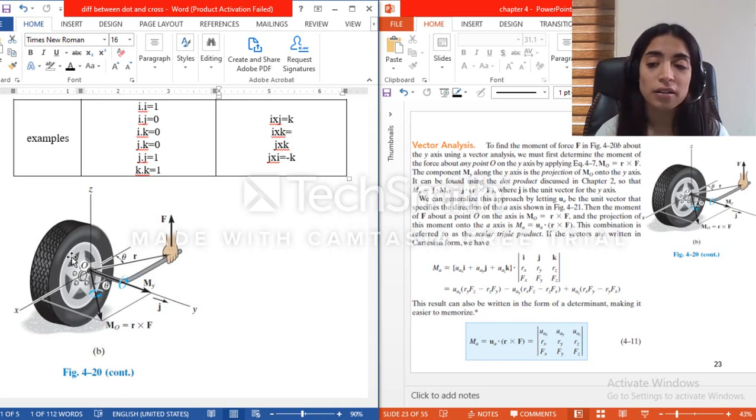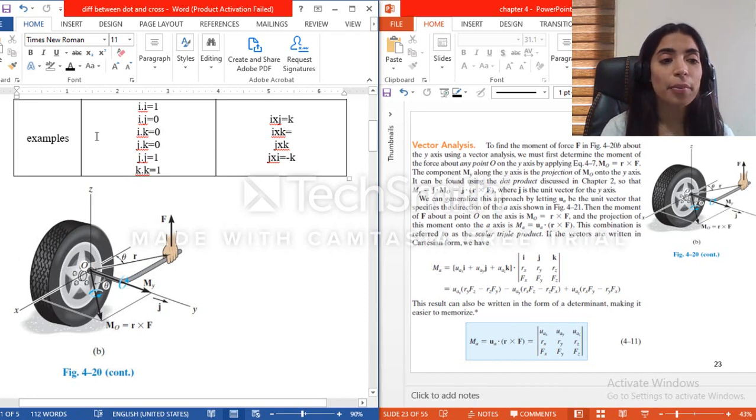So I will repeat guys, if I know MO in vector form, however I need to find the moment around any axis that has a unit vector u, this means that I need to find the projection of MO on this u. So how to find this projection? Let's go step by step.